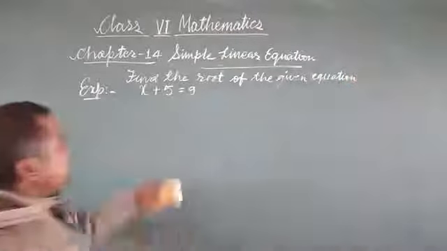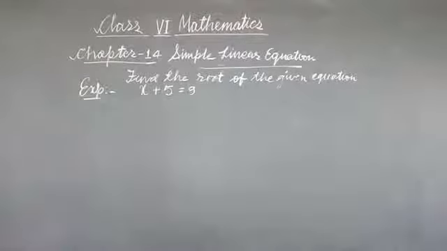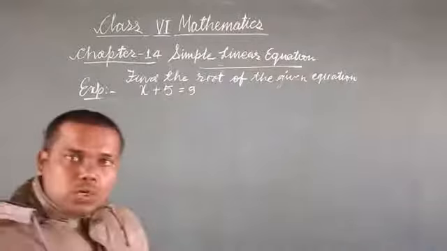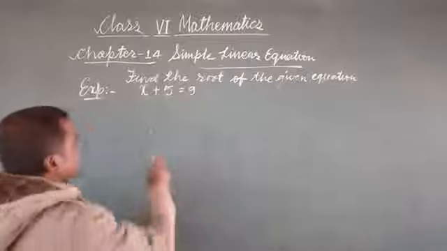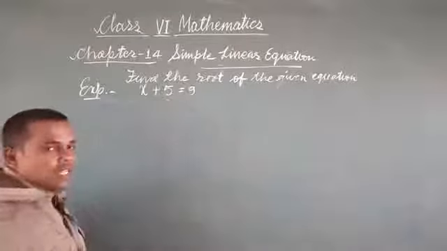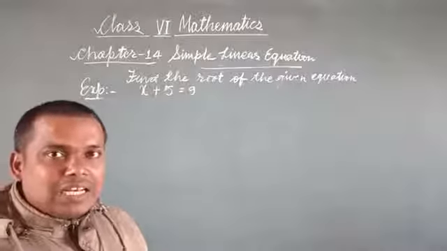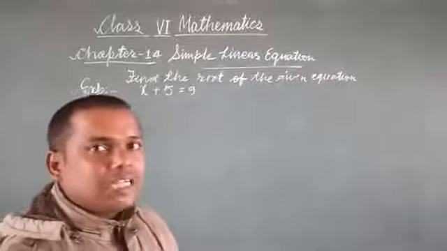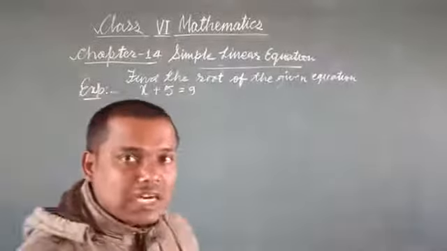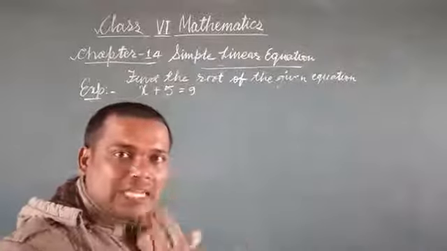Okay, see, we have the equation x plus 5 is equal to 9. In the case of without transposition, we have to remove plus 5 from the left side. So we will subtract 5 from both sides, or from LHS and RHS.